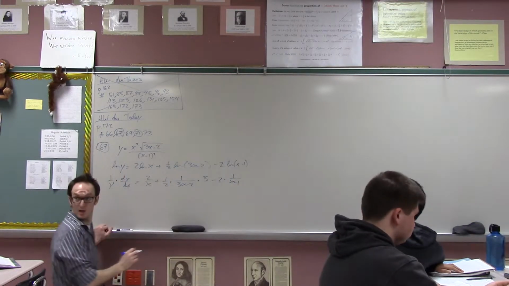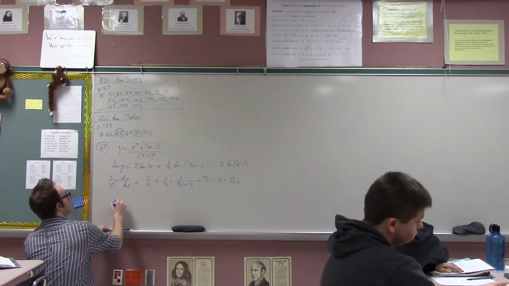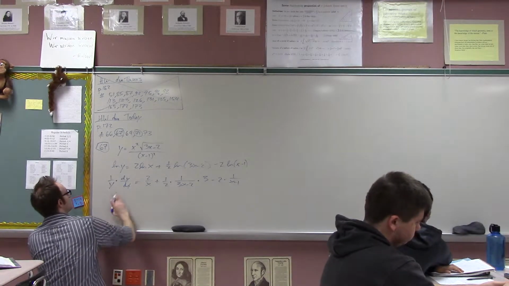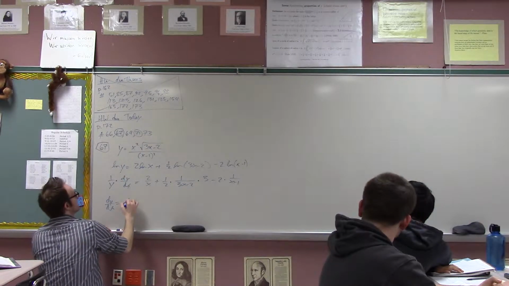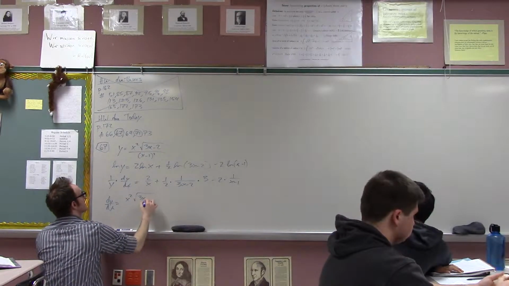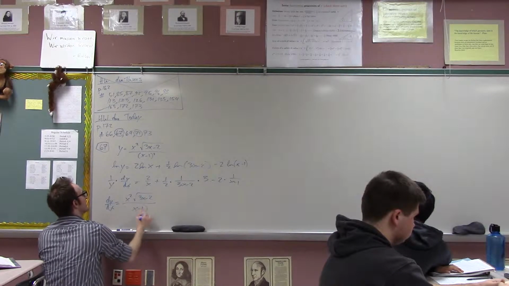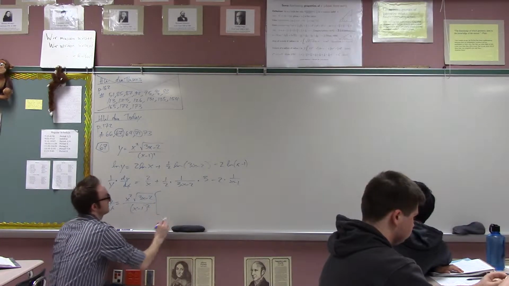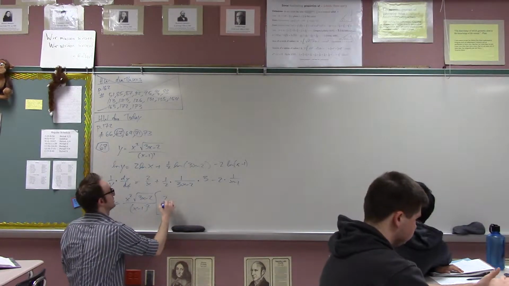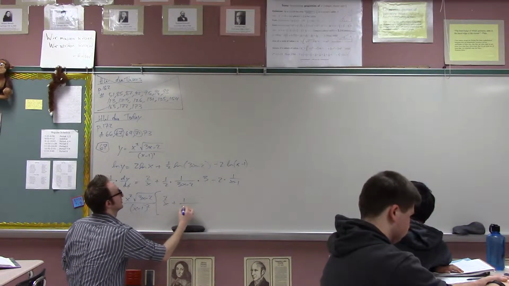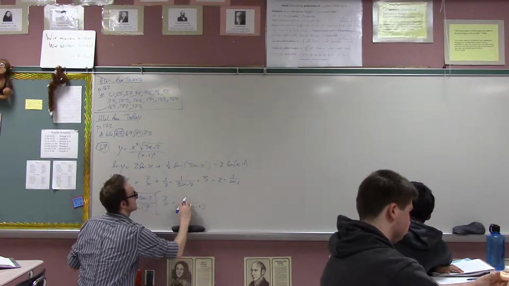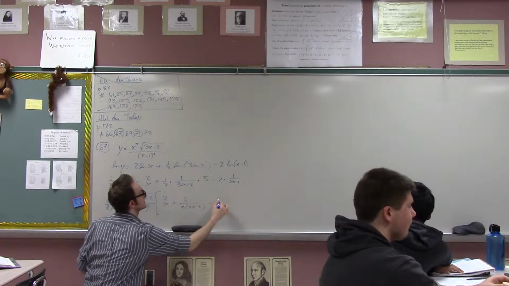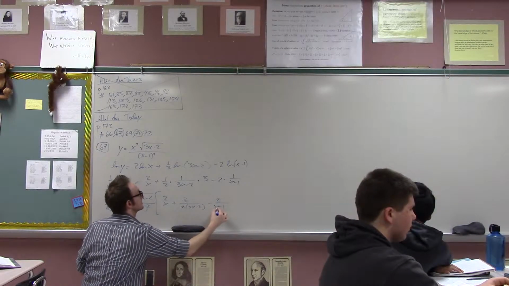And so we get that dy/dx is y, which is x squared over root 3x minus 2 over x minus 1 squared, times all this stuff: 2 over x plus 3 over 2(3x minus 2), minus 2 over x minus 1.